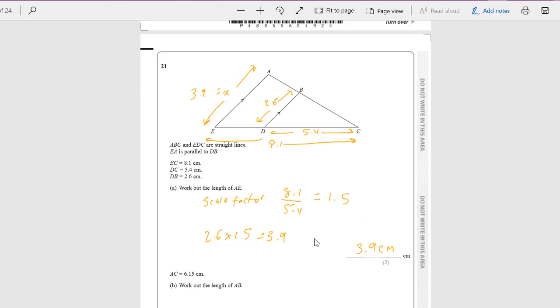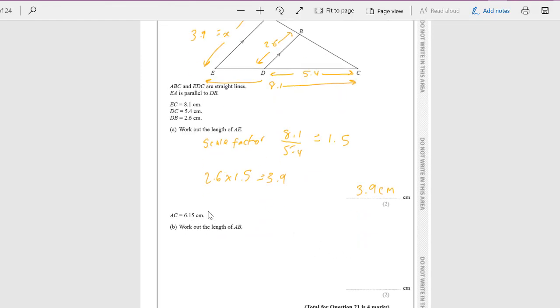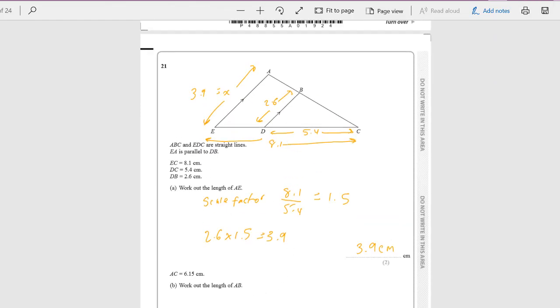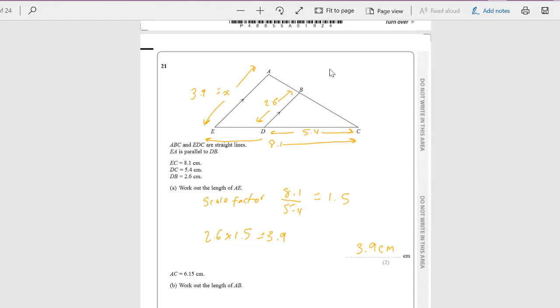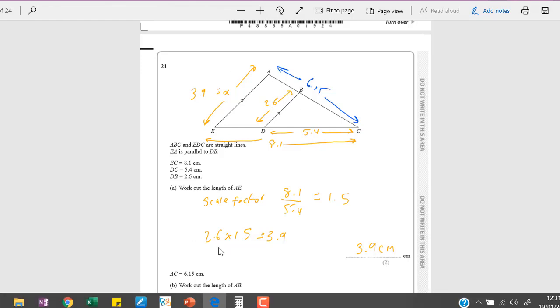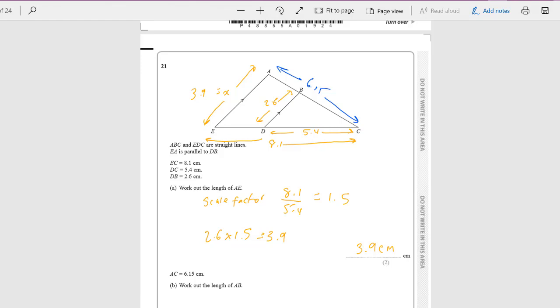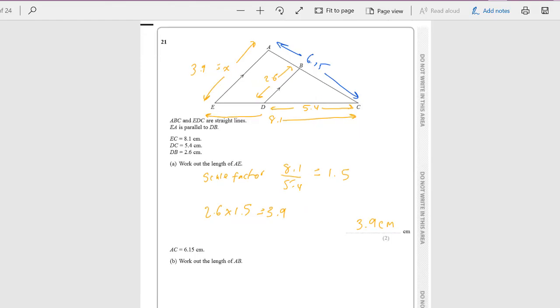so the next part is AC equals 6.15. Use a different color here. So AC is 6.15. Okay, work out the length of AB. So again, very similar. So just scrolling down ever so slightly.